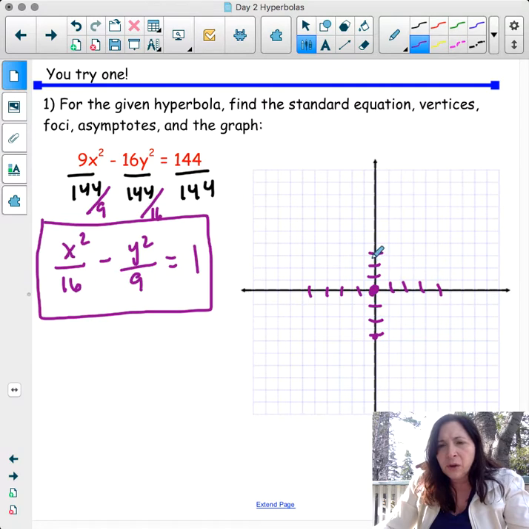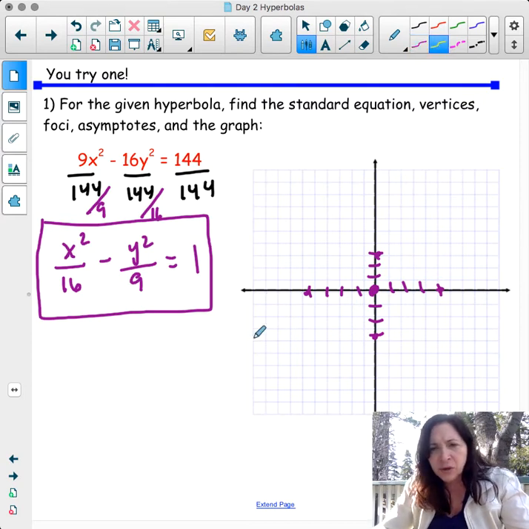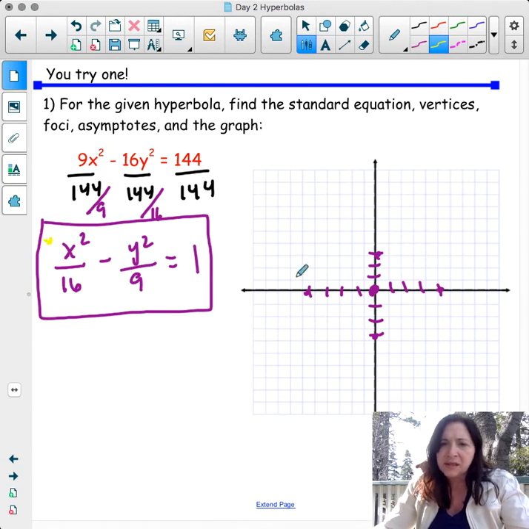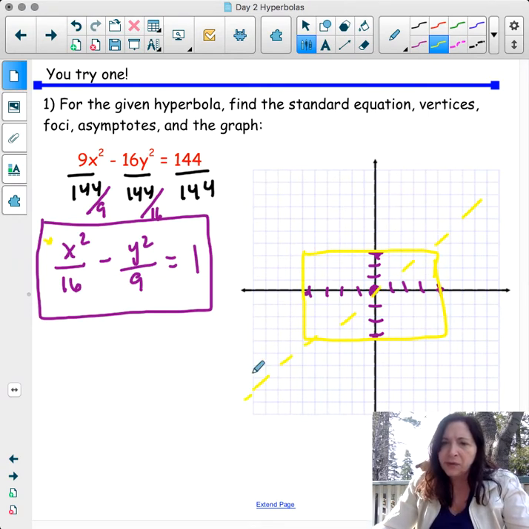What I don't know, technically, is which axis my hyperbolas are on. Now remember, your hyperbolas are always on the positive axis. So in order to help you graph this, you can either graph by asymptotes, which is completely fine, or you can graph by making a little box that goes around this, drawing in your asymptotes box to box, corner to corner, like that.